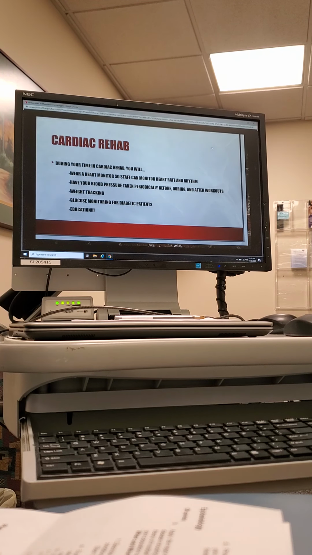During your time here, you'll be wearing a heart monitor so staff can monitor your heart rate and rhythm at all times. You will have your blood pressure taken periodically. We track your weight to see your progress. Glucose monitoring for diabetic patients, and education is huge, kind of like what I'm doing with you right now, which I greatly appreciate.